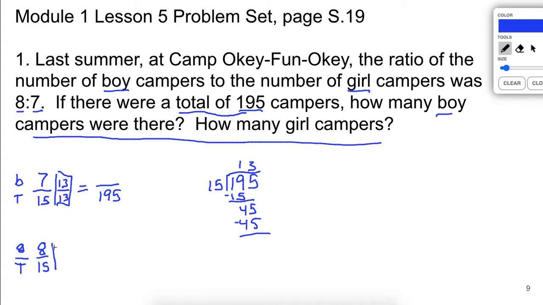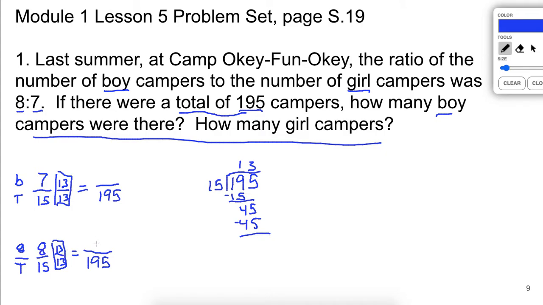Again, we could use it here. Now, you don't have to use 2 giant ones. You could just figure out what one of them is and then subtract. But I'm going to go ahead and use 2 giant ones just to show you what we can get. We already know it's 195 on the bottom. So 8 times 13. I know 8 times 10 is 80, plus 3 times 8 is 24.